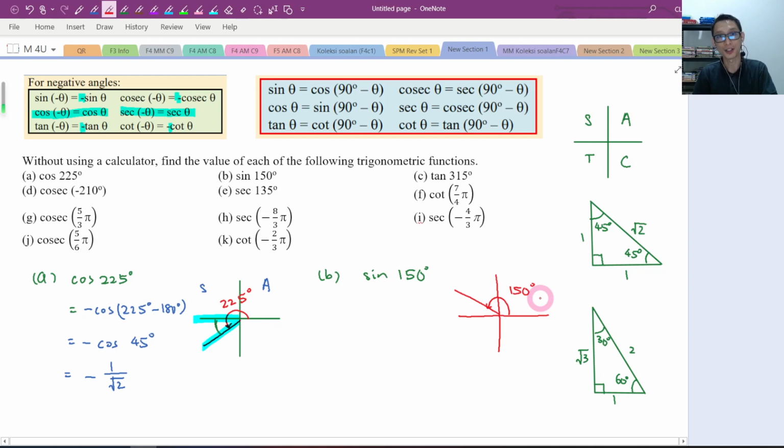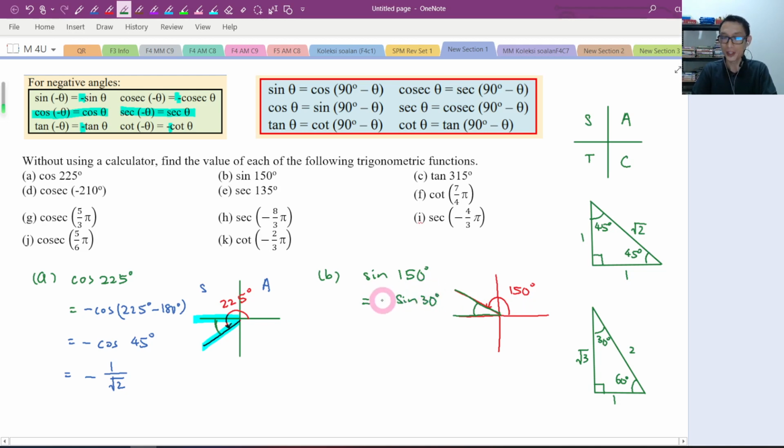So how to determine the reference angle? The reference angle is the angle between the line and the x-axis, which is over here. How do we get this angle? I think it should be no problem, right? 180 degree minus 150 degree, then you will get the angle here, which is equal to 30 degree. So this is sine 30 degree.